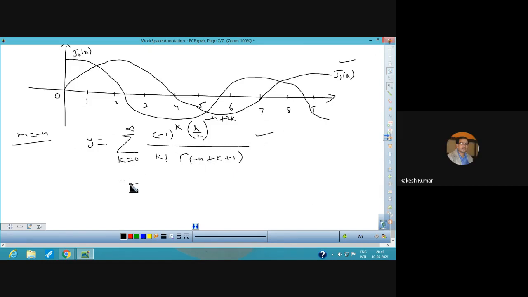And it is your second solution. This is j minus nx. This is a Bessel function of second kind of order minus n. Remember, this is the value of j minus nx.